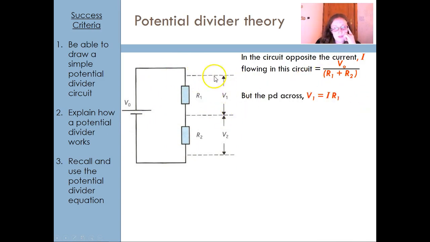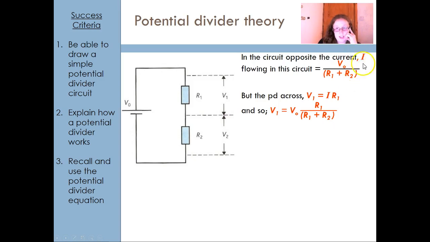So I have that V1 is equal to I times R1. If I substitute that equation for I into here, I can see that V1 is equal to V0 times R1 over R1 plus R2.